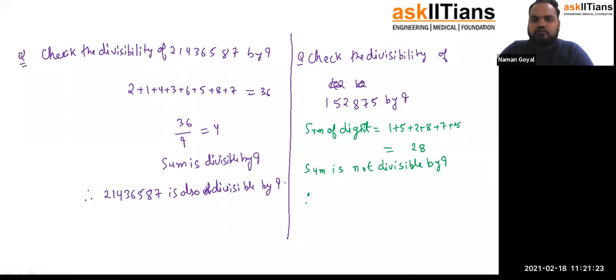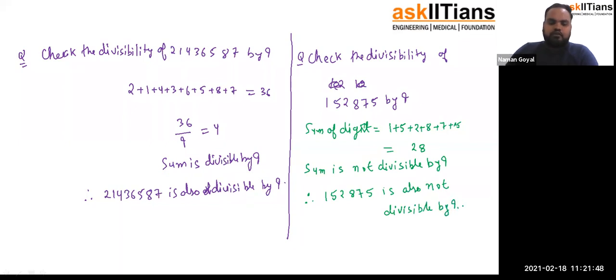Therefore, the number 152875 is also not divisible by 9. Are you getting my point? Okay. So we can do these types of questions like that.